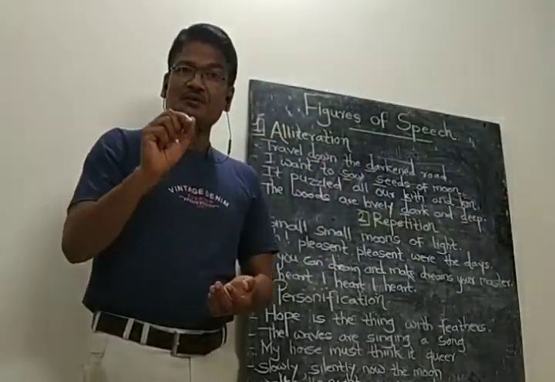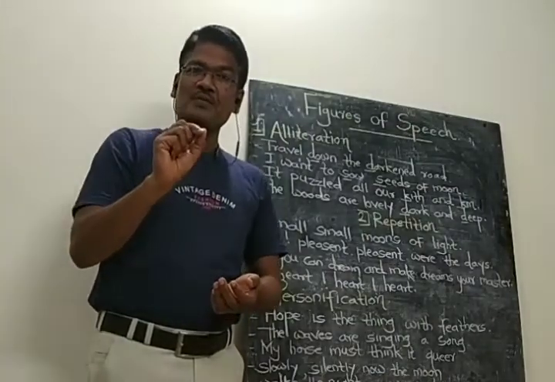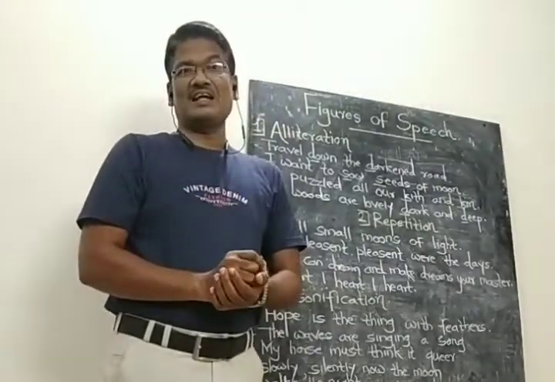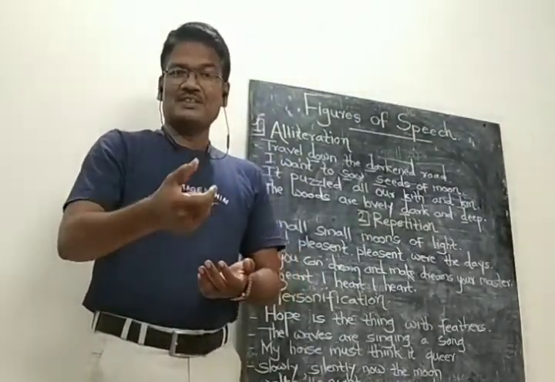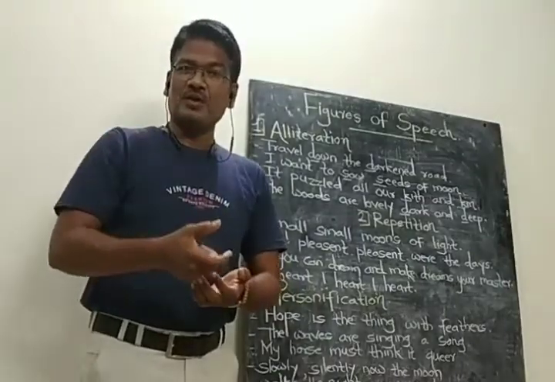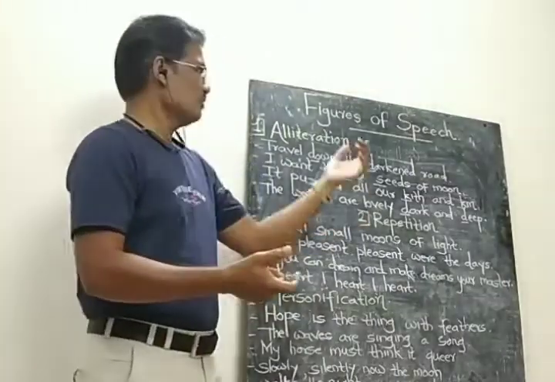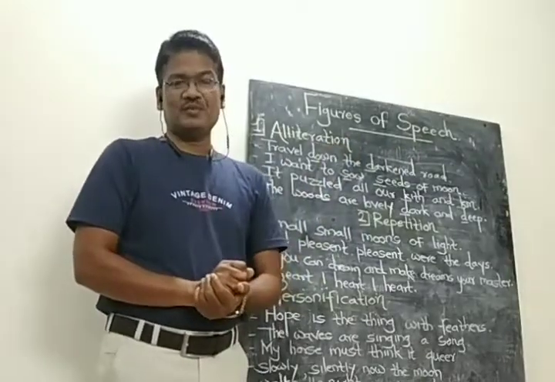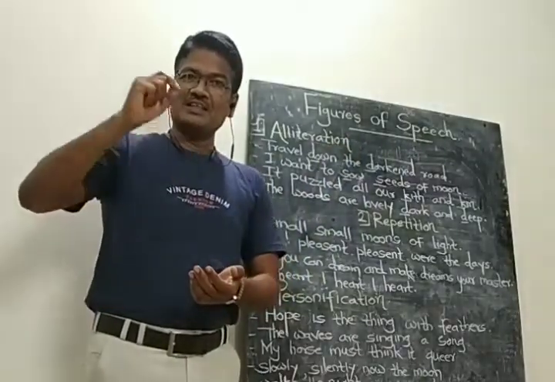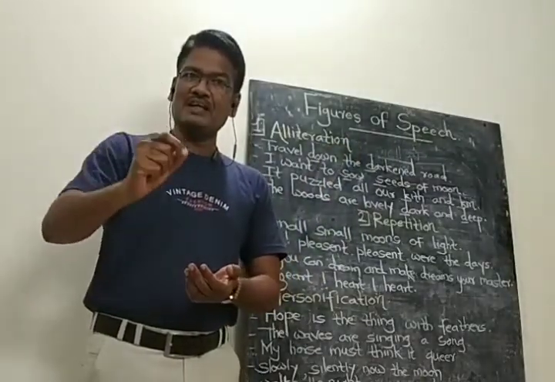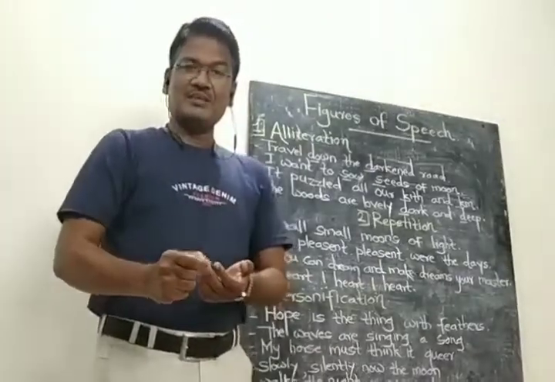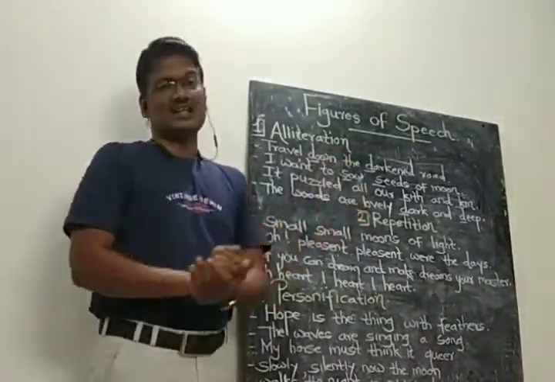Because this figure of speech is used by maximum poets, and in our textbook all the poets have used it. Okay? When the same sound is repeated again and again, it is called alliteration.